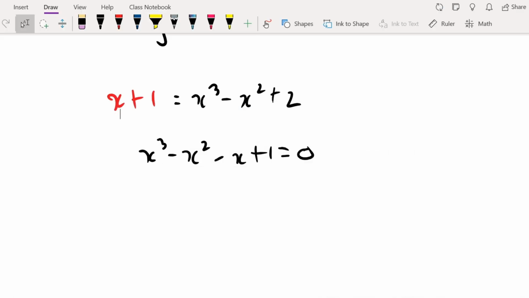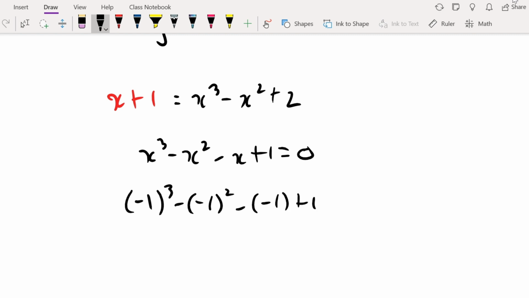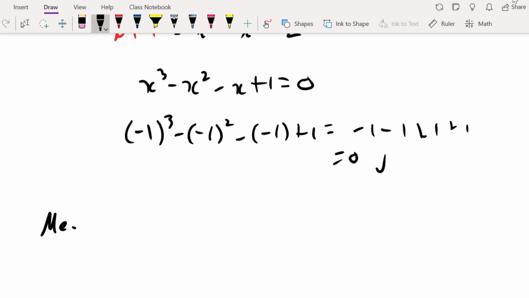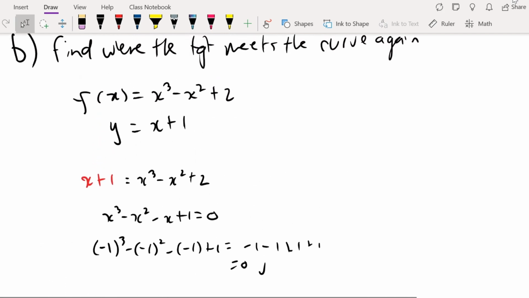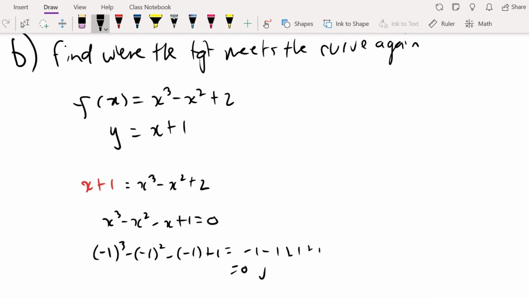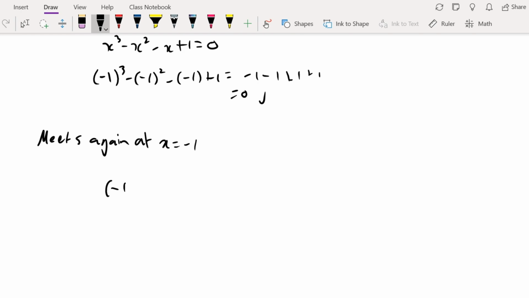So let's check if that works. -1 cubed take -1 squared take -1 plus 1 equals -1 take 1 plus 1 plus 1, which does equal 0. So this meets again at x equals -1, or in other words, if x equals -1, then y would be 0.